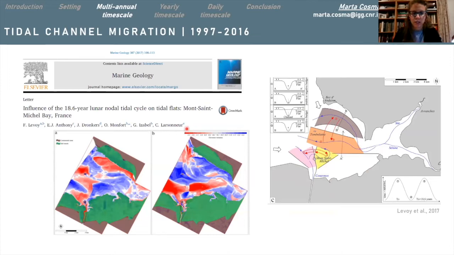However, we do not have the data for our study case to see if this is the case also for our tidal meanders. But for sure, there are intertwined relations and feedbacks between the salt marsh evolution and the tidal channel evolution.